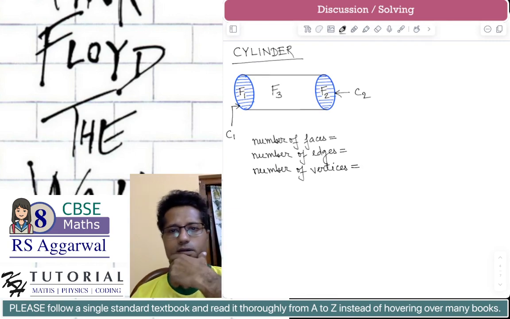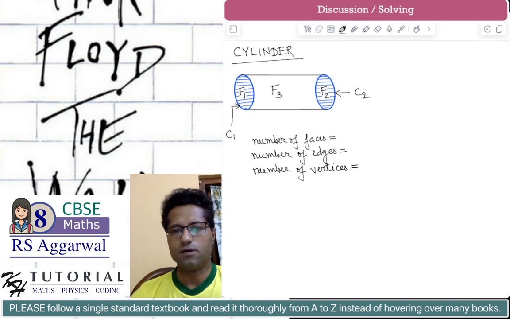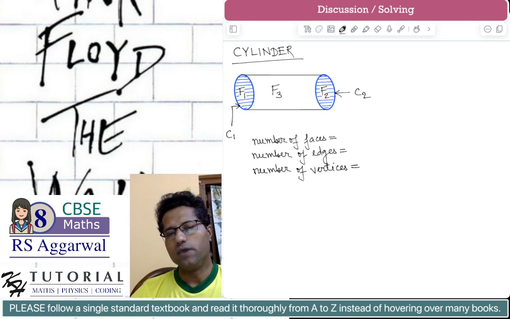Now cylinder, it has three faces. Two faces, F1 and F2, are flat faces which have been shaded with a blue color, and there are two curved edges, C1 and C2.